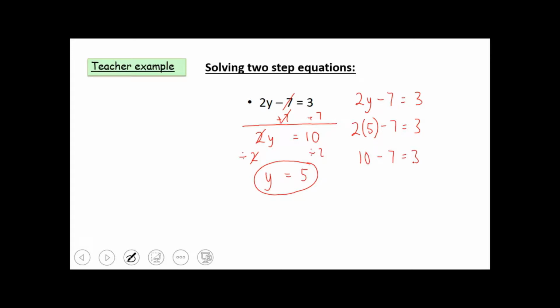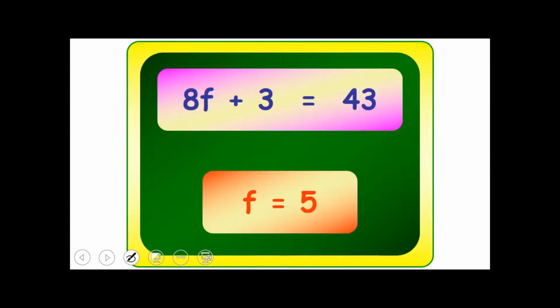Now, what we're going to do is look at a mini whiteboard activity. I want you to look at the question and press pause, and then we'll go through the answers. This one's already done for us, 8f plus 3 equals 43. We'll just do this one really quickly up here. It's going to be a minus 3 here.